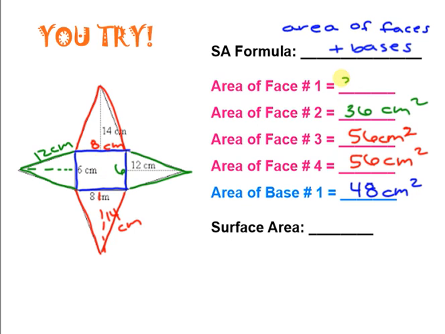So he's going to be a mirror image of that one too. Now all that's left is we need to add them up. 36 plus 36 plus 56 plus 56 plus 48. And that's going to give us 232 centimeters squared.